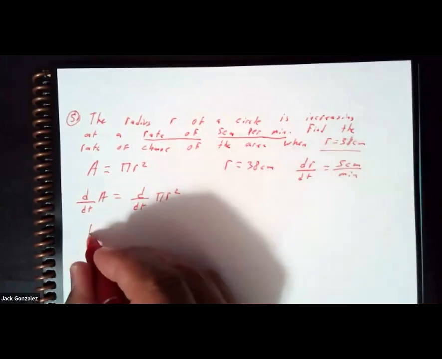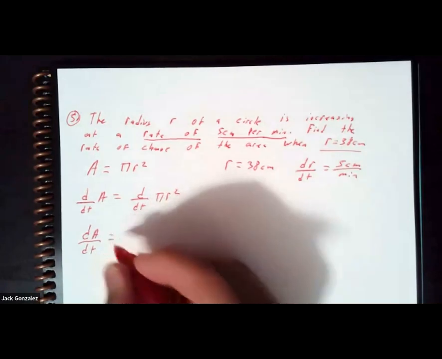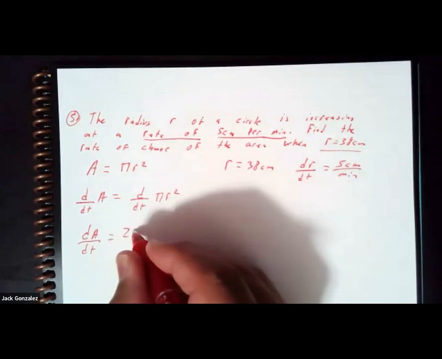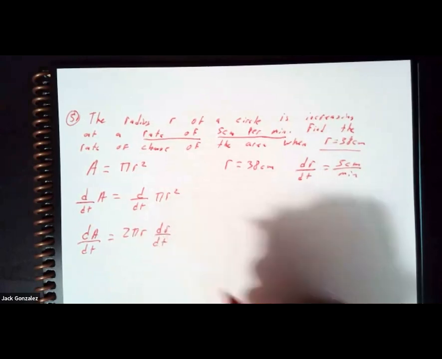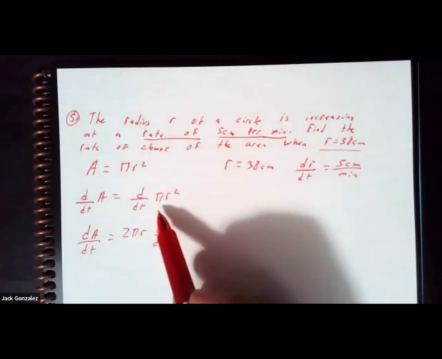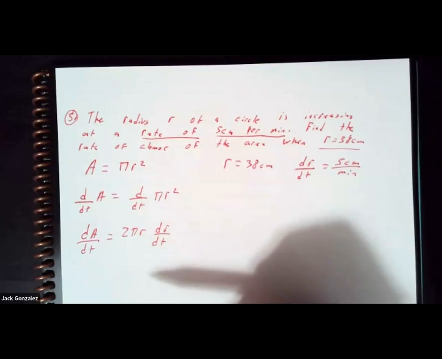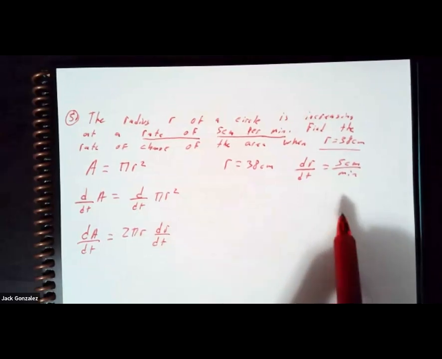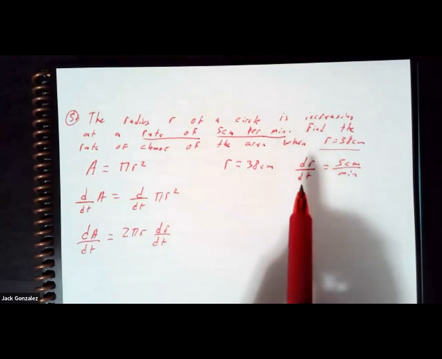So this will be simply dA dt times 1 equal to 2 pi r dr dt. Now do your power rule, bring down the 2. Now just plug in your radius and your rate, and you'll know the rate of the area changing.